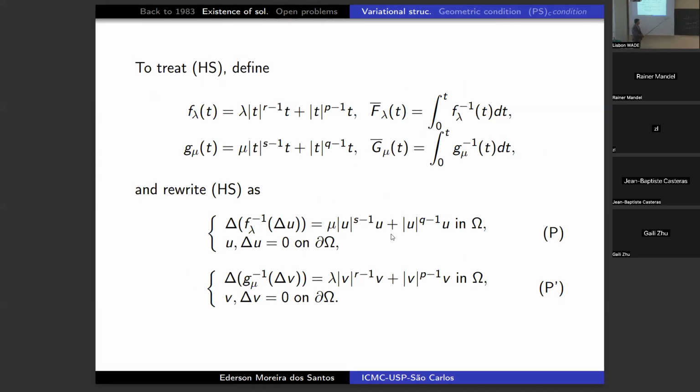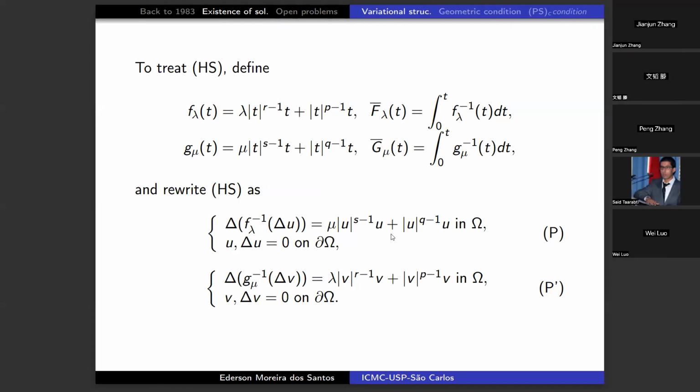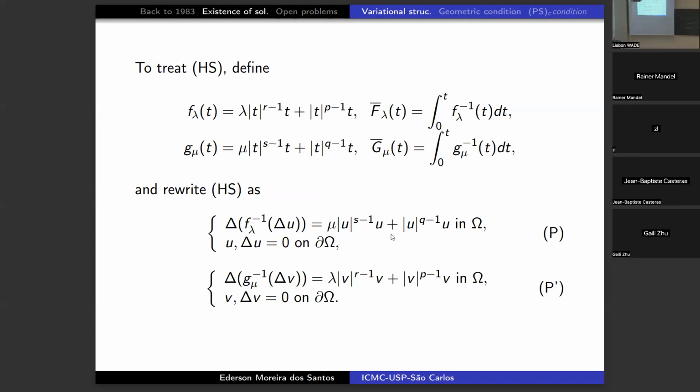We take the system, and what I do here, I call this F lambda of U. So F lambda is this function here, which is strictly increasing, so it has an inverse.